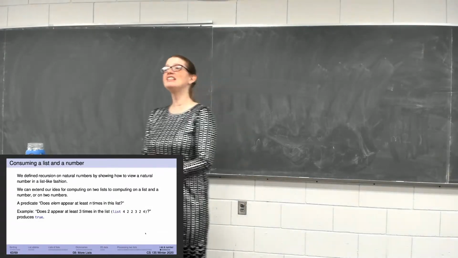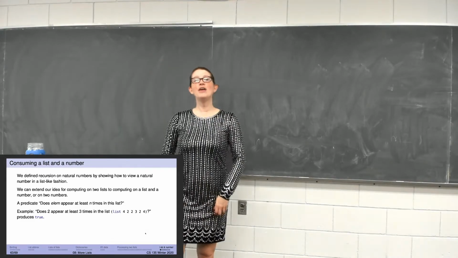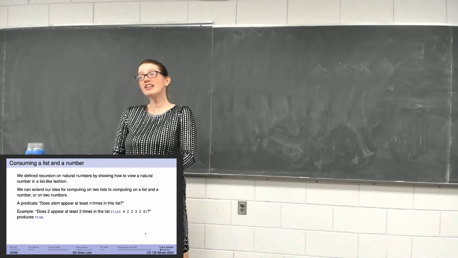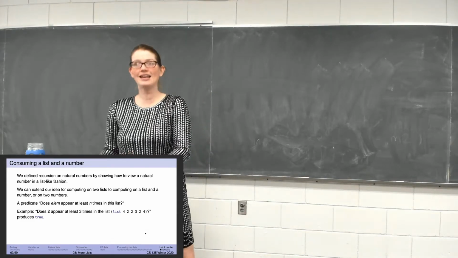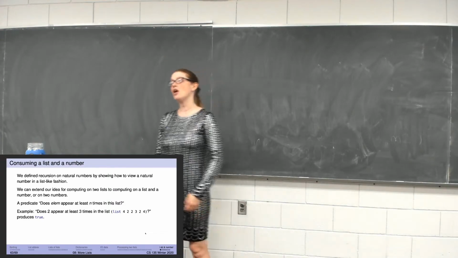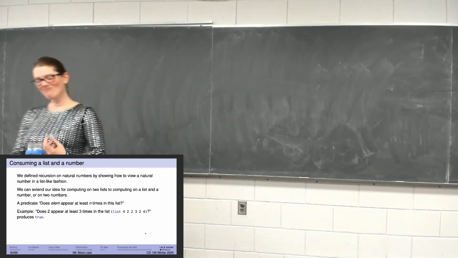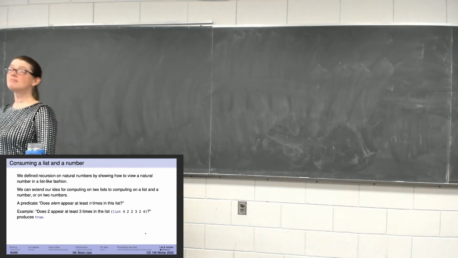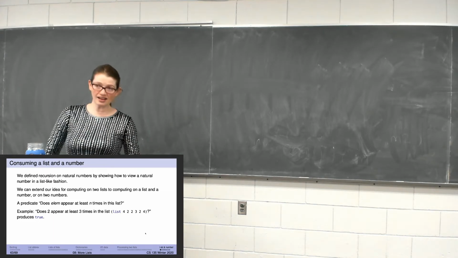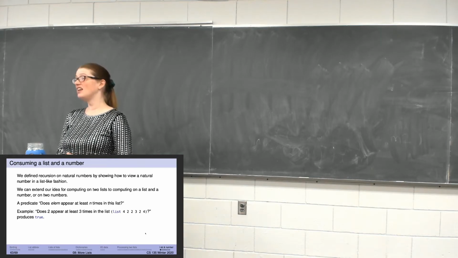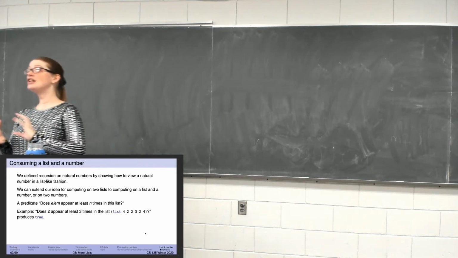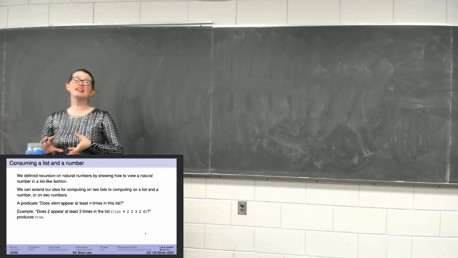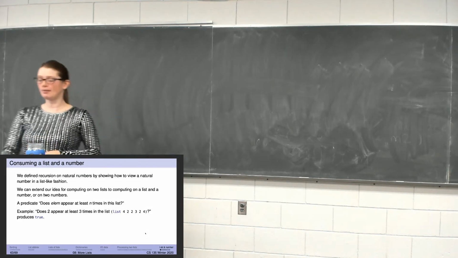Because saying at least N, well, if I just count to N, then technically speaking, there are at least N copies. So we can combine the recursive template from numbers and from a list and get one joint template that lets us recurse on both things at the same time.